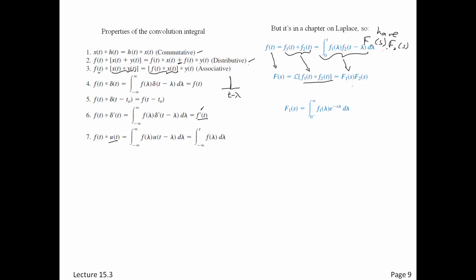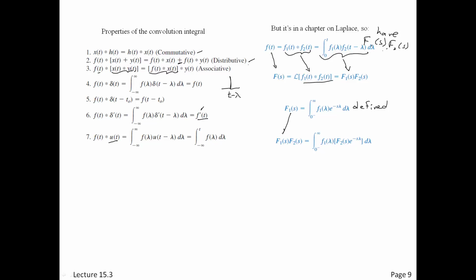All right, so here we have F1 of s. This is the definition. Now we're going to multiply F1 of s times F2 of s, and that would be this. We're taking this definition for F1 of s, and multiplying it by F2 of s.